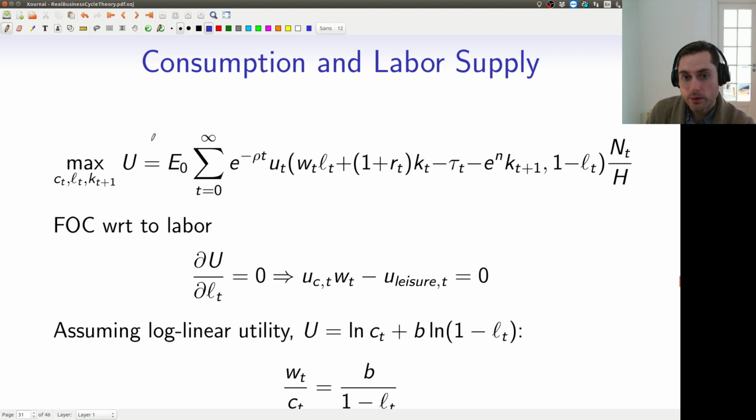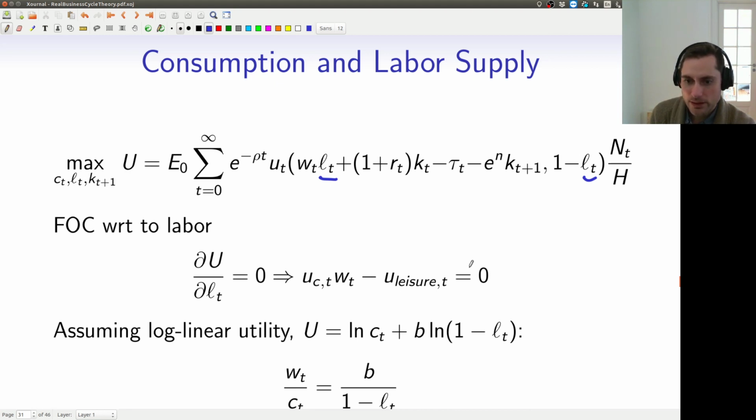What about optimization for labor? Well, that's going to be a little bit easier because we only have t terms, so we'd only have to think about one period at a time. Without thinking about a particular utility function, we can just maximize, and you'll see that here we're going to have basically the marginal utility of consumption times the wage, and then the marginal utility of leisure times nothing, because it's just negative L_t here.